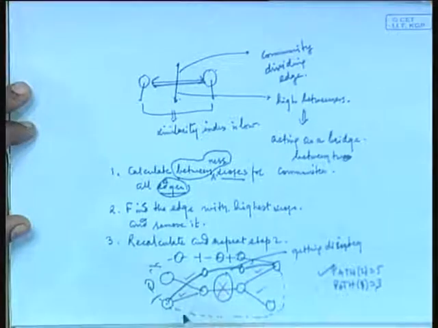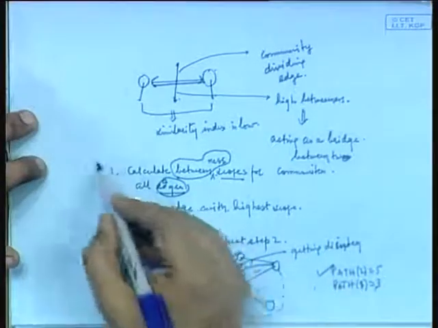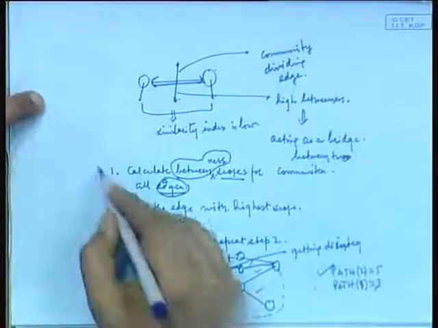But ultimately, if you go on removing edges, you are removing redundancy and shortest paths will increase. I hope this algorithm is clear.